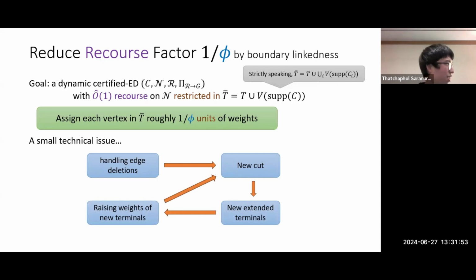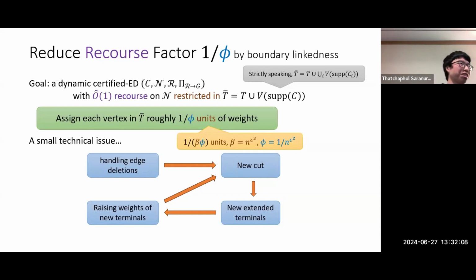But it's actually not hard to solve this problem because we can make this weight on the terminals a little bit smaller, like 1/β5, where beta is some very small polynomial factor. Here we assume h is a constant.